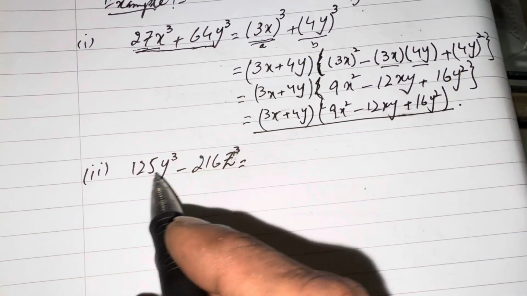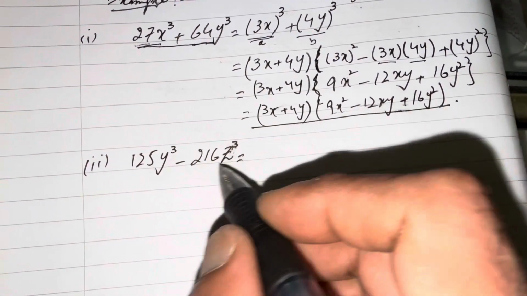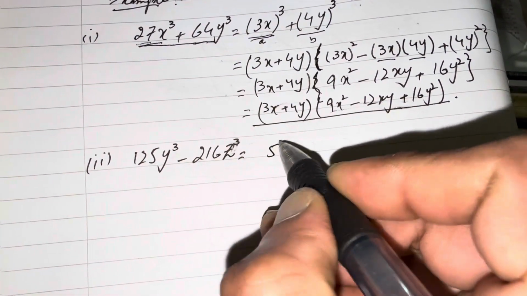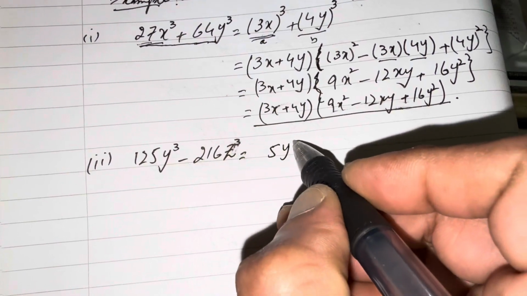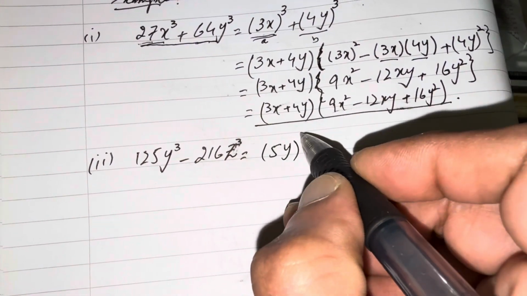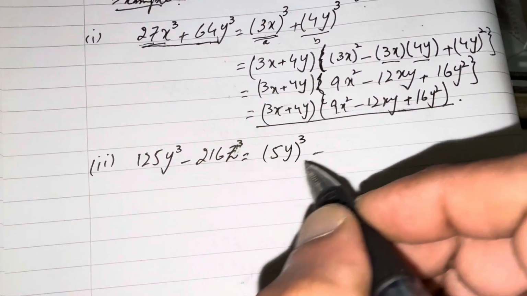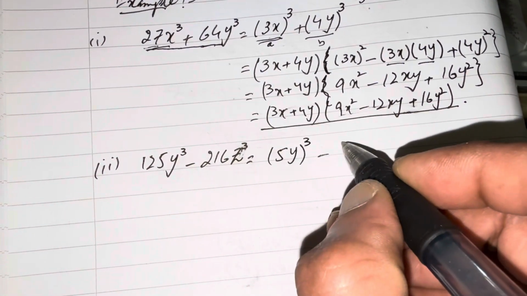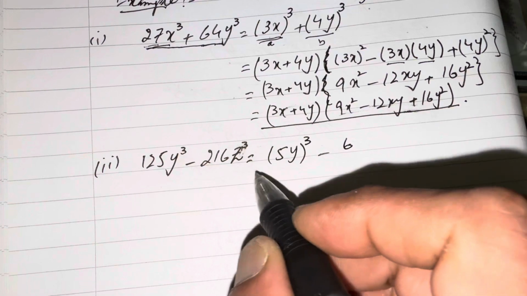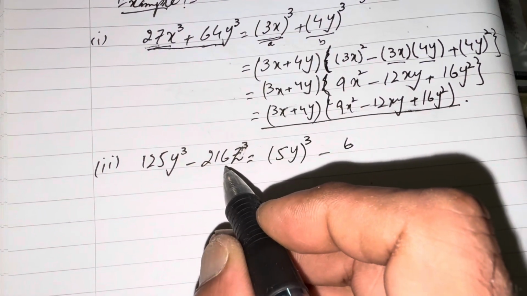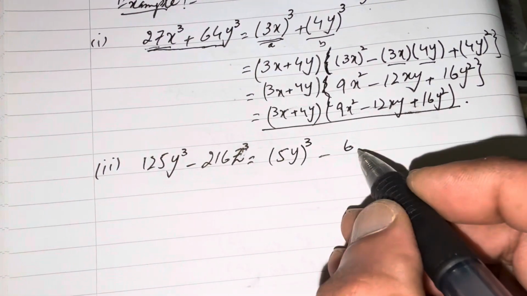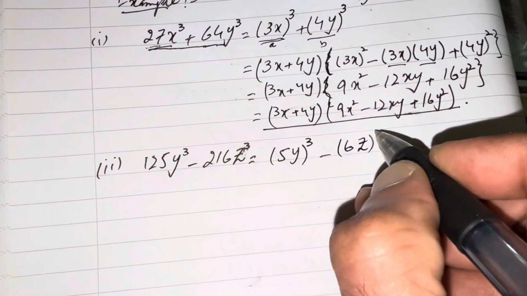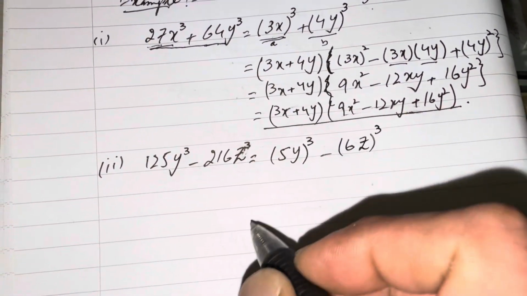So 125y cube, we can write this as 125, that is (5y) whole cube, minus 216. 216 means 6 multiplied three times with each other, so we will write 216 as 6, and z raised to power 3.